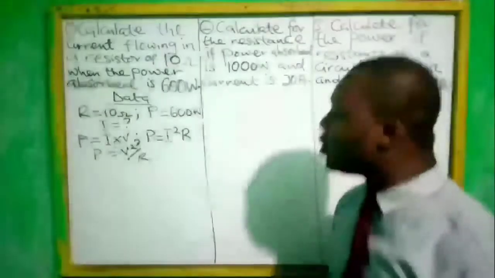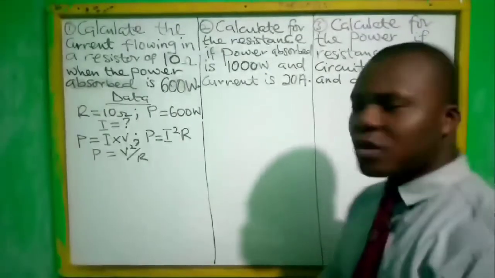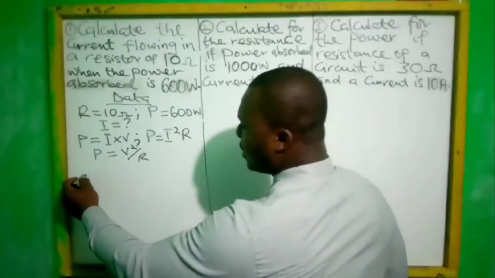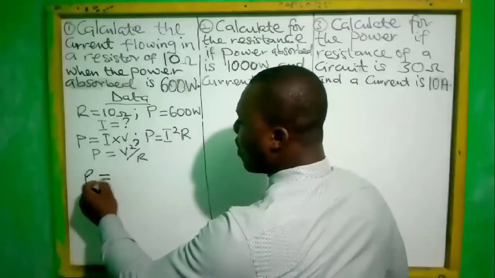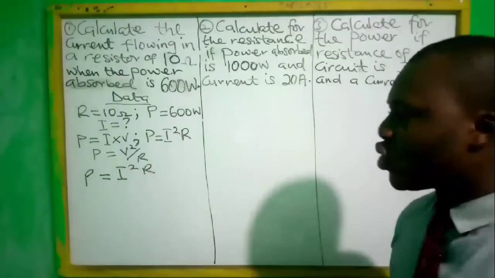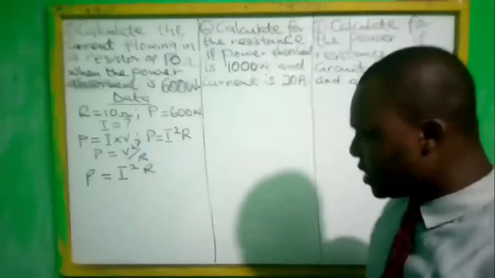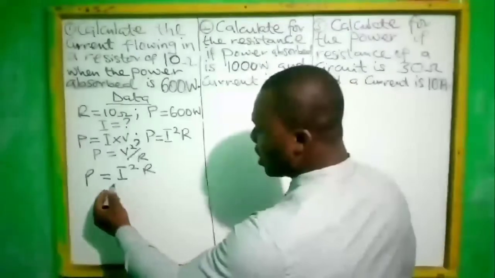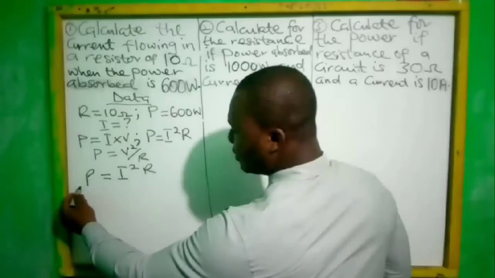All right, so what do we do? The only thing we have to do here is that we will bring the second formula, which is power is equal to I squared times R. Mind you, we are asked to calculate for what? Current. So what we will do here is that we can divide both sides.